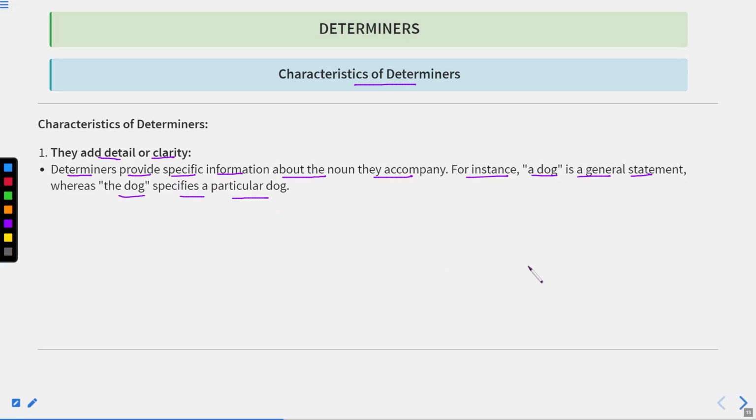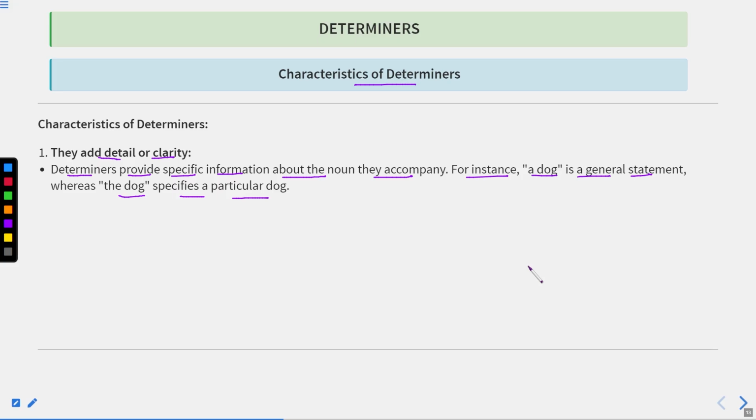First of all, if we talk about the characteristics of determiners, the very first characteristic is that a determiner adds clarity to the noun. It means whichever noun we are referring to or talking about, it should be clear what number of things we are talking about. If it is giving information about any noun, it will give you the specification of that.